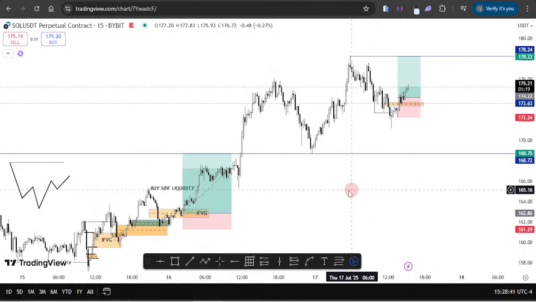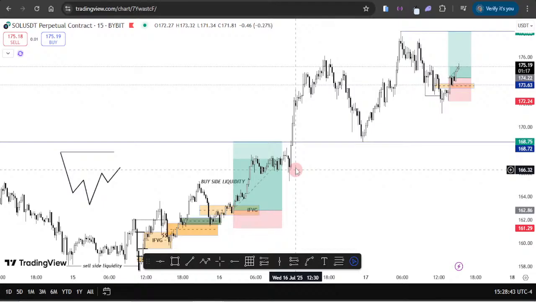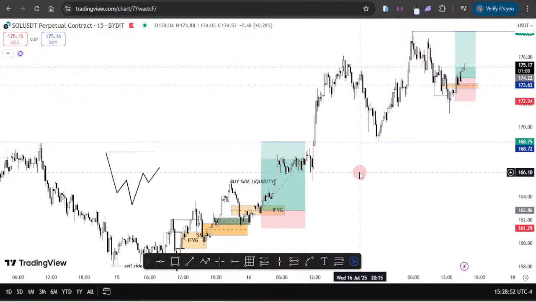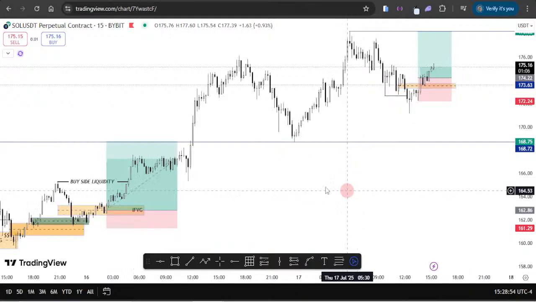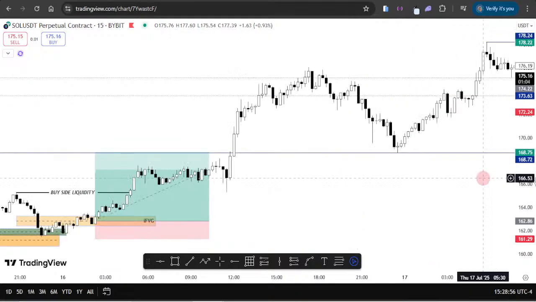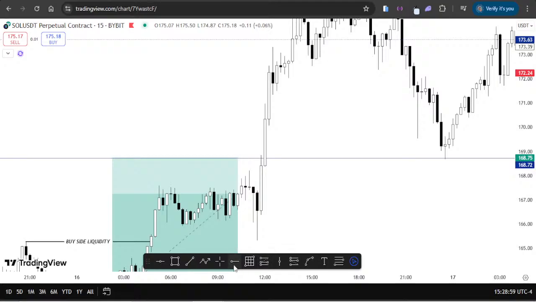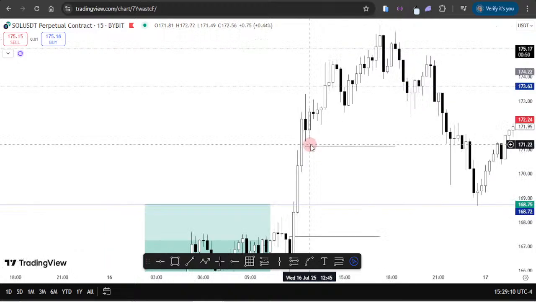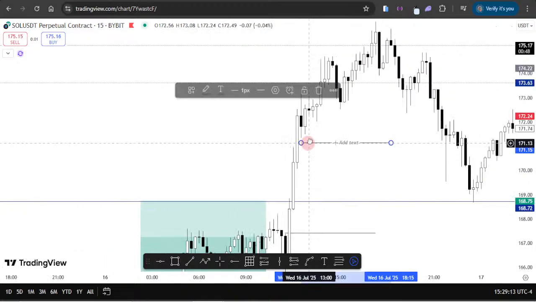If you trade fair value gap, you may have seen your setup here, because once this high was broken, you could have easily used the rectangle tool to mark out, I think I should zoom in a little bit, to mark out the high of this candle and the low of this candle.